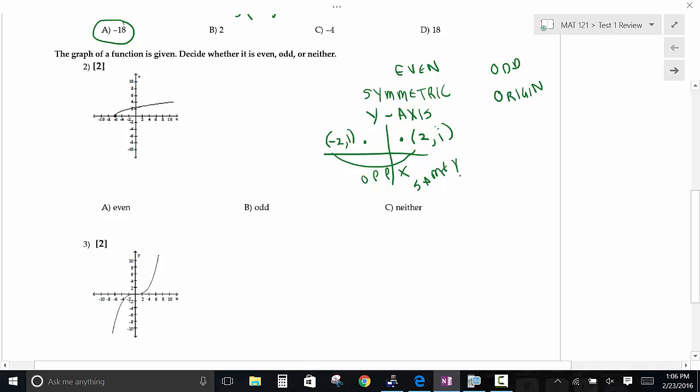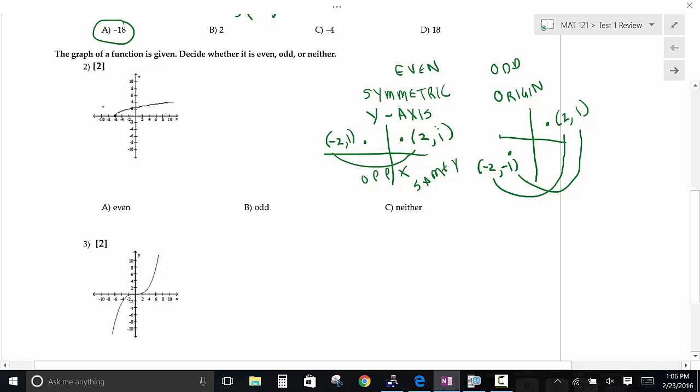That's the way I try to get students to understand even functions. It just means opposite x, same y. Origin works like this. If you had a point, say 2, 1, then that would move over here to negative 2, negative 1. So origin symmetry means opposite x, opposite y. That's what you've got to do.